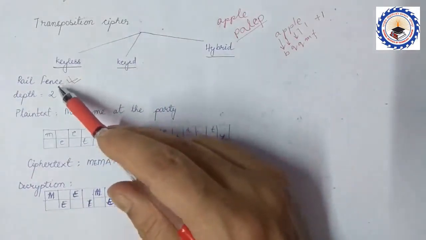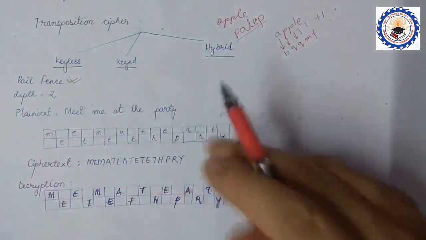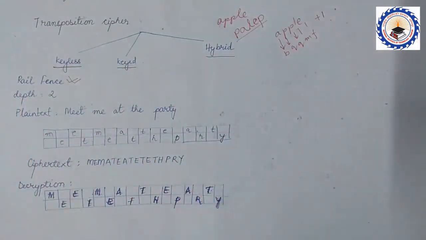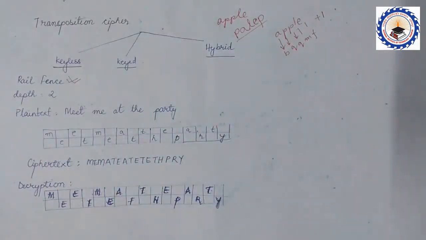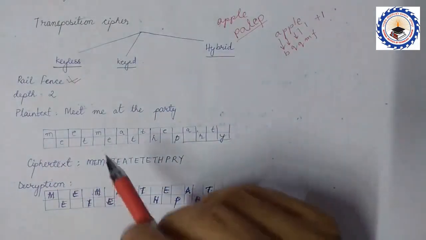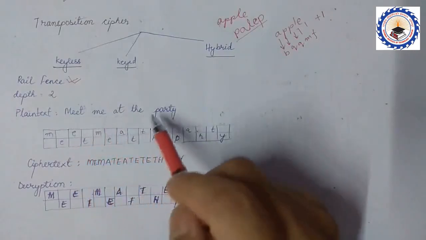There is no underlying meaning to the name, but by looking at the characteristics of the figure, they named it the Rail Fence cipher. For example, I have given the plain text as meet me at a party.